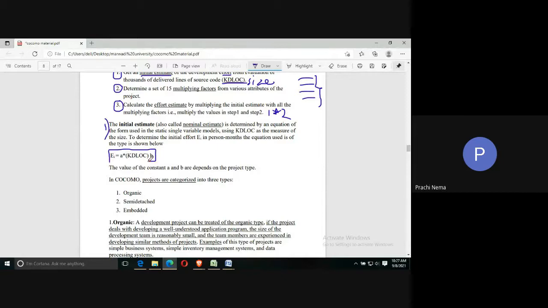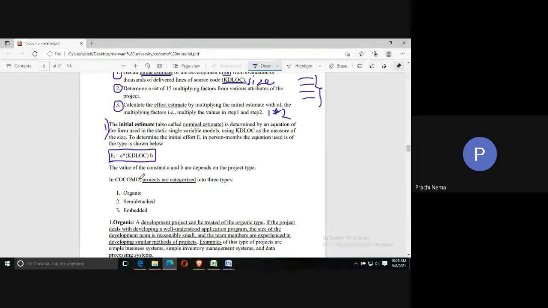Every modification will be done on this formula. The EI, that is effort, is calculated as the multiplication of constant A with the size, that is KDLOC, raised to another constant, that is B. So if you want to calculate the initial effort, you will multiply the constant with the size.